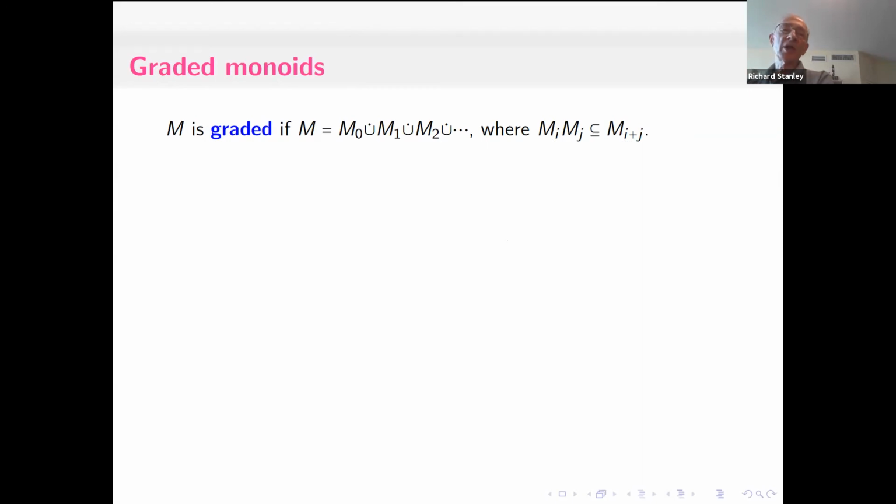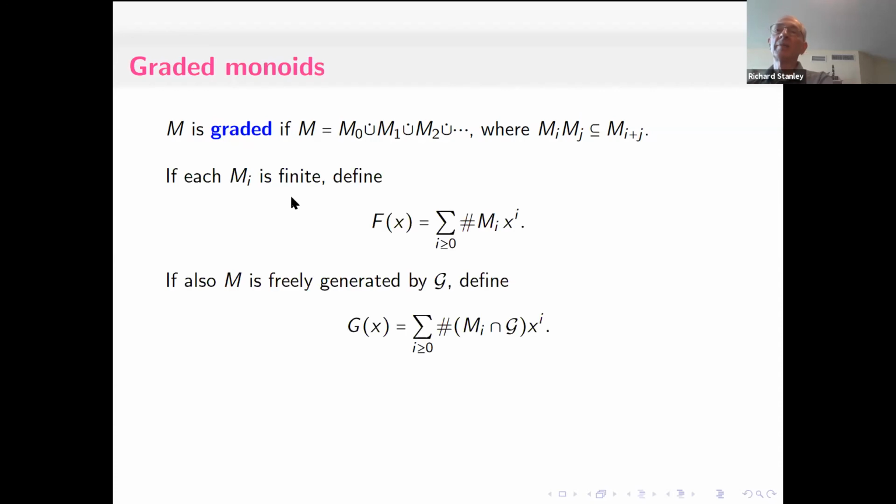So if the monoid just consists of words, or a subset of words in some alphabet, then the length of the word would be a grading. We could let all words of length n be M sub n.